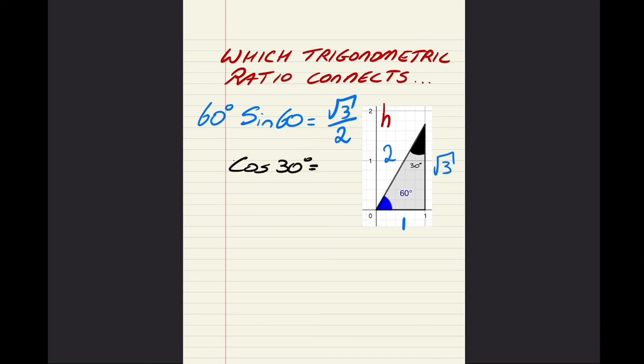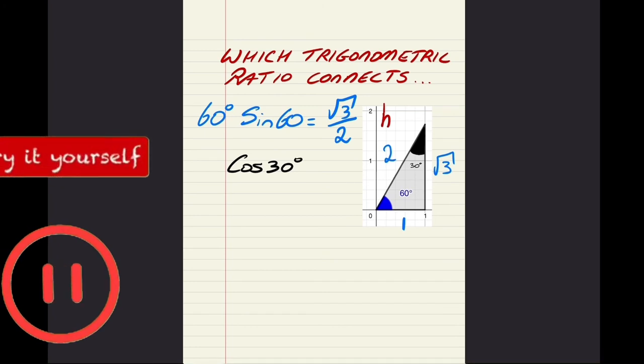So we need to decide what is the adjacent and what is the hypotenuse. The hypotenuse is the same. This, number 1, is opposite the 30 degrees. So that means that this side is the adjacent. So the second example, I want you to find what is cos of 30. Now you can pause the video here if you want to try it yourself, and then you can see what the answer is.